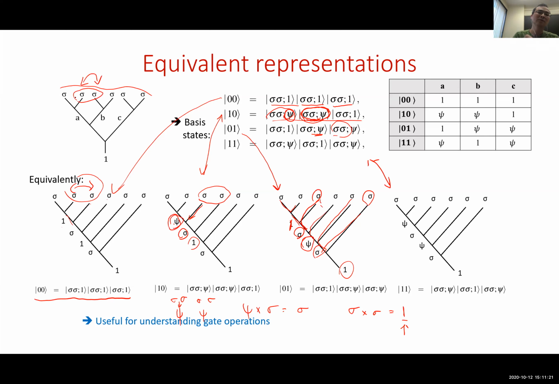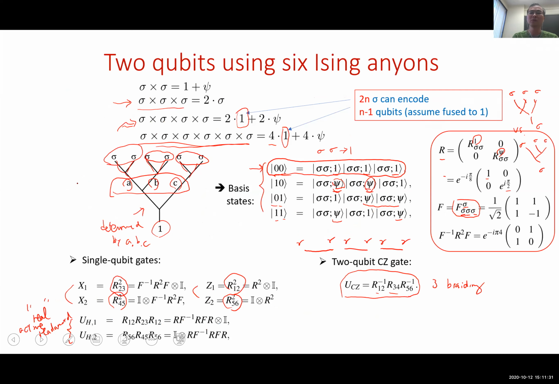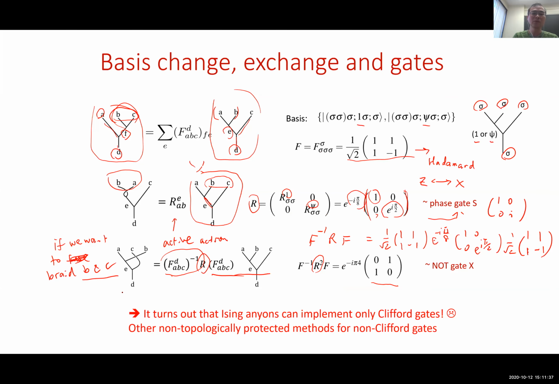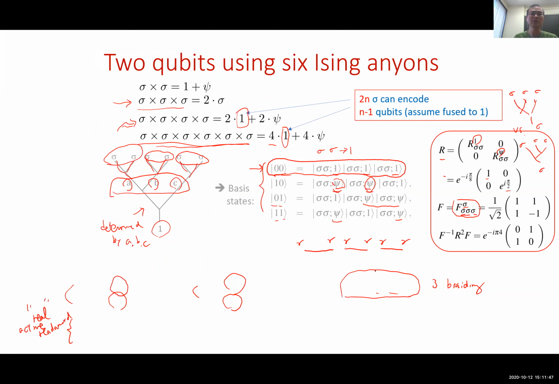But if we already have this representation, we could use this rule to braid 2 and 3. Let's go back a little bit. We can use this rule to do the braiding. In fact, it says that it's just a sigma X matrix if you braid it twice, okay?